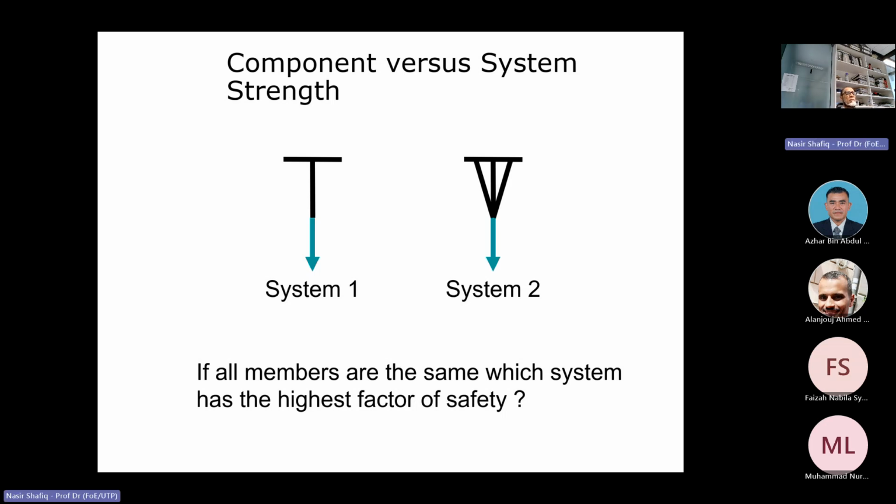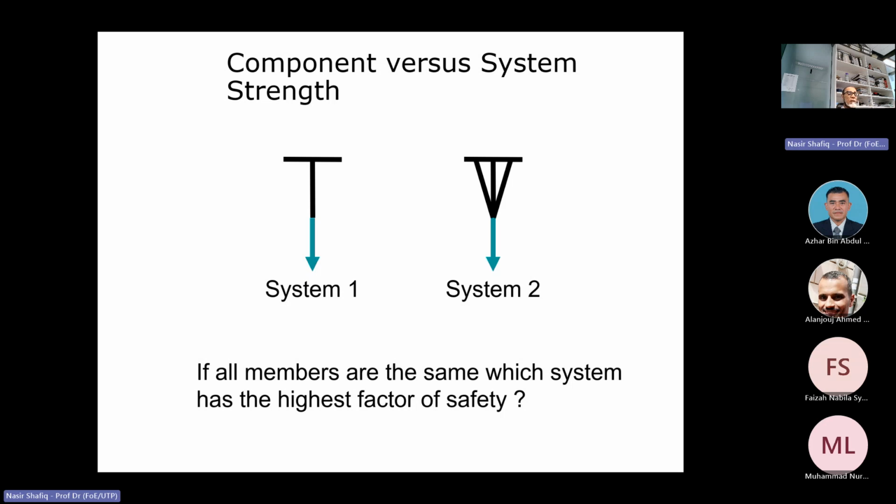So whenever we are looking at a system, we are talking about integrity and asset management. Every asset is a composition of several components, right?